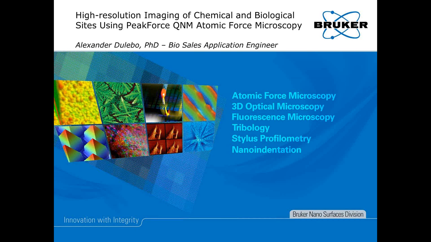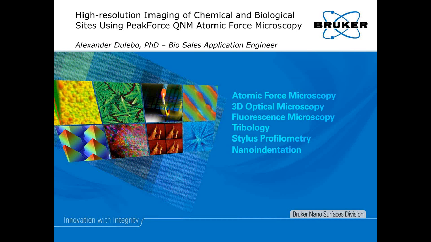So let's get started. Today's webinar is dedicated to the rapidly growing need to identify and quantify molecular interactions, both with high force sensitivity and high lateral resolution. In this webinar, I will introduce you to Bruker's advanced technology that, in combination with chemically functionalized probes, can be used to simultaneously contour the surface and map biophysical properties of biological samples at the nanoscale.